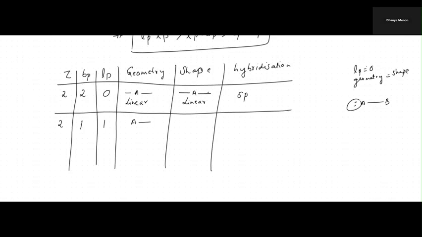I'm just drawing the central atom, I've just assumed to be A, and this is the lone pair, and maybe this is another atom B. Now for the shape, I'm just ignoring the lone pair. So the hybridization is still sp because the Z value is 2.